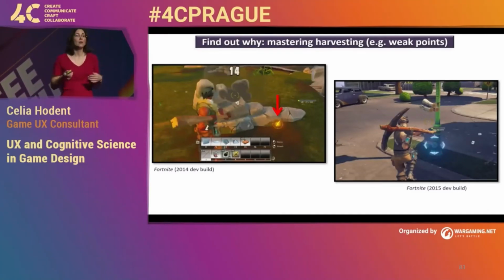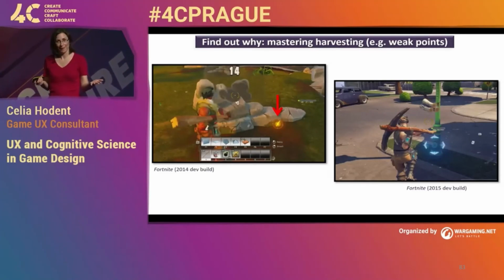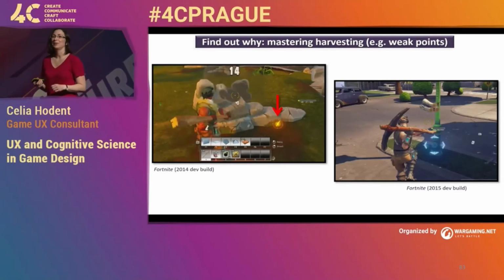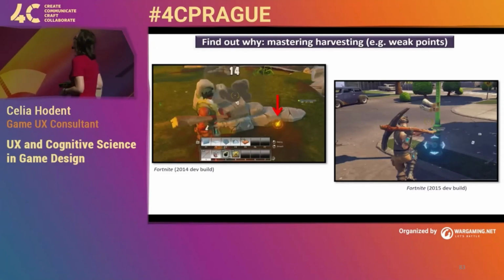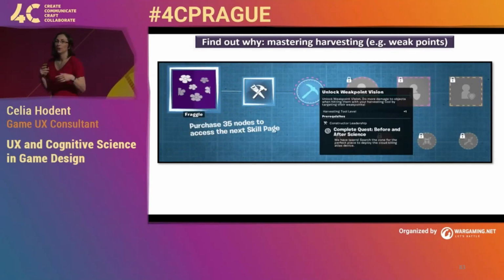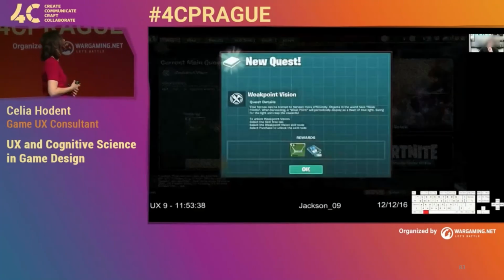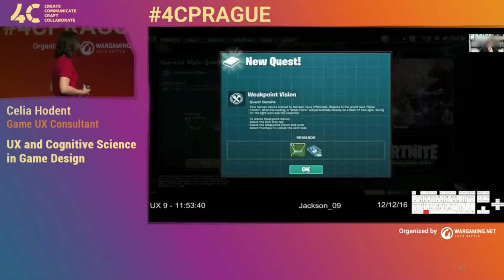And they were answering, oh, it's just a sign telling me that I'm targeting that element. Like, all right, so now they see it, but they don't understand what it means. And what the design team did was pretty smart. And instead of giving that weak point feature right away, they put it in the skill tree. So now it's something that you need to buy at some point, and it becomes an event a little bit more.